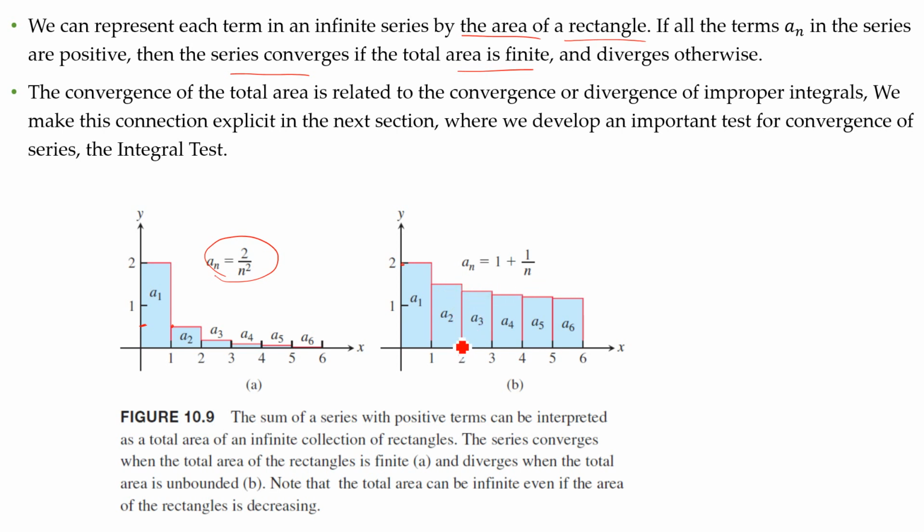So we have this rectangle, and so on, we can draw all the rectangles. But this diverges because the total area is unbounded, and it can be infinite even if the area of the rectangles is decreasing.